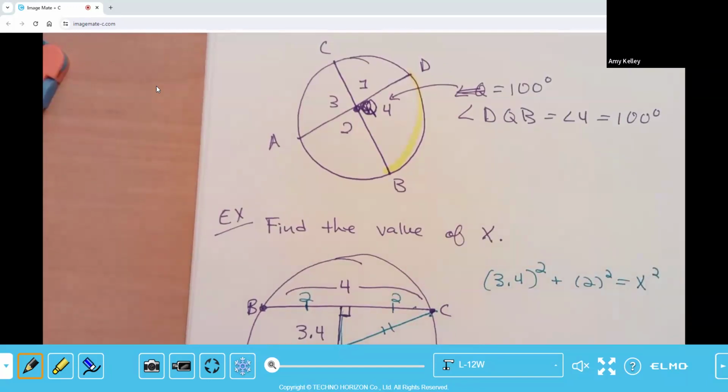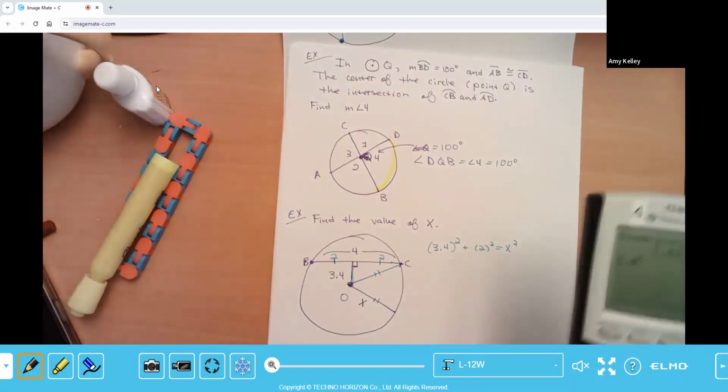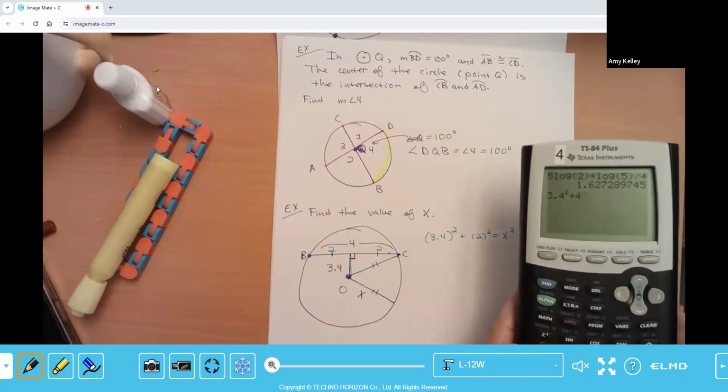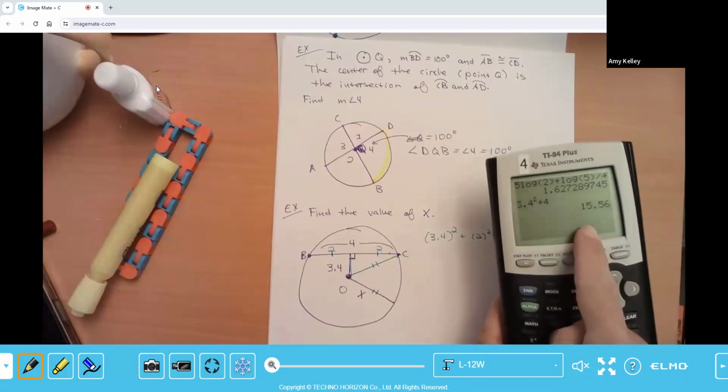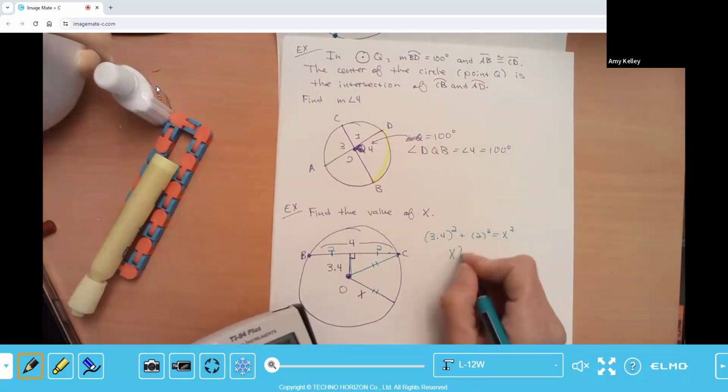We can work it out. 3.4 squared plus 2 squared, which is 4, gives us 15.56. So that's x squared.